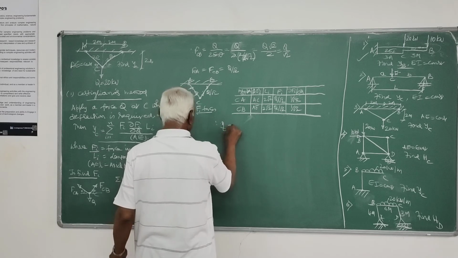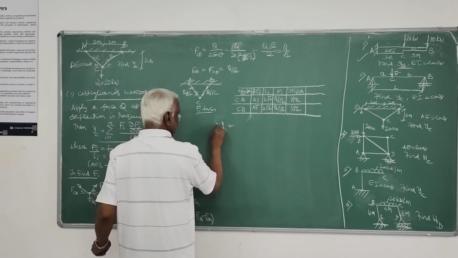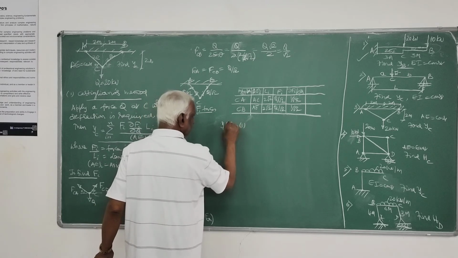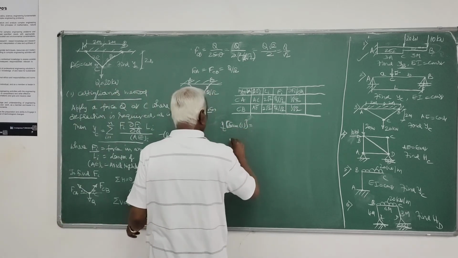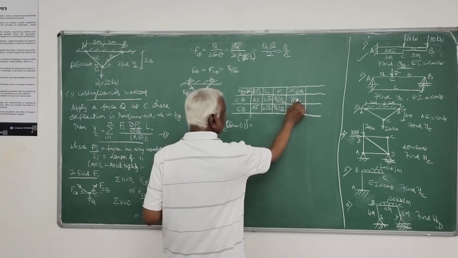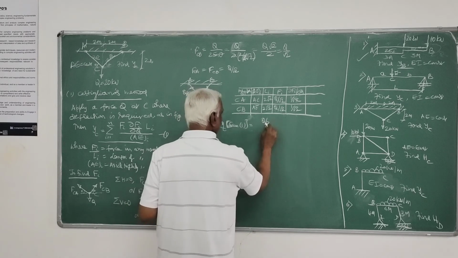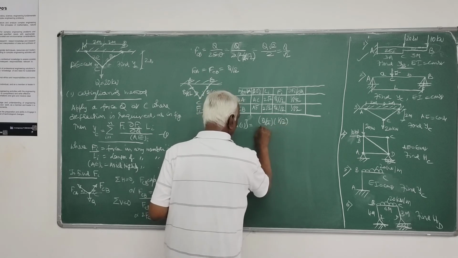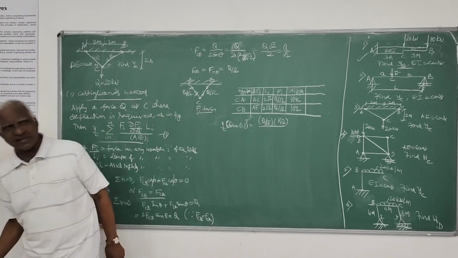That's all. Therefore, YC, from this equation 1, is equal to the sum of F5 and delta F5 of this member first, Q by root 2 into 1 by root 2, that is equal to Q by root 2 into 1 by root 2 divided by AE. That I will do in the table itself.